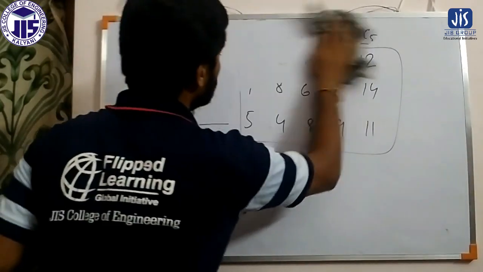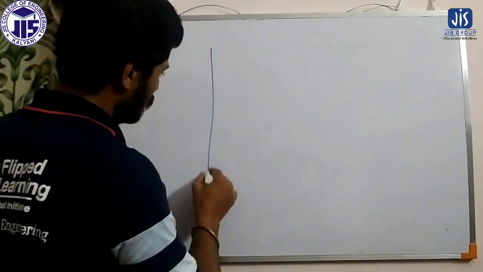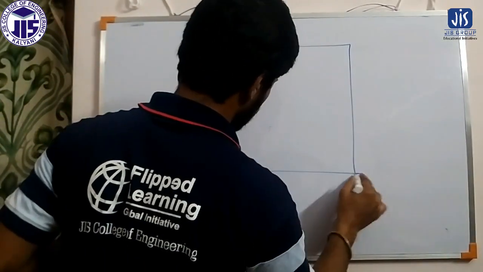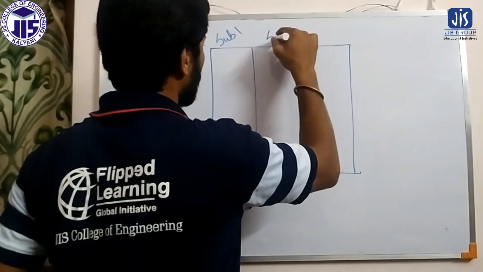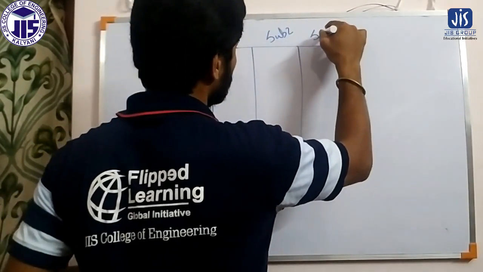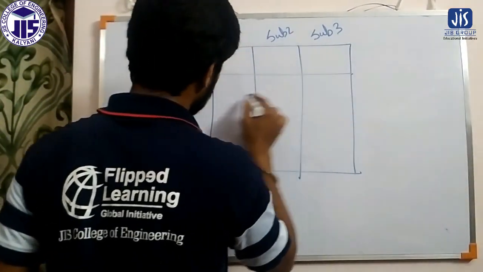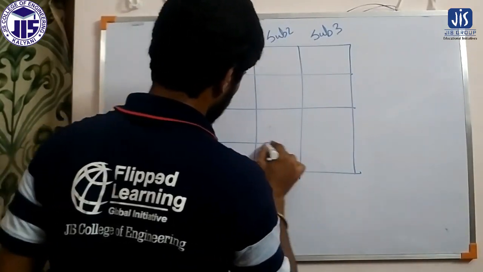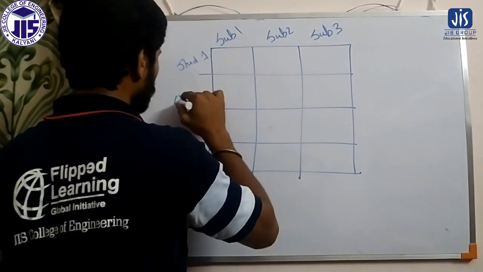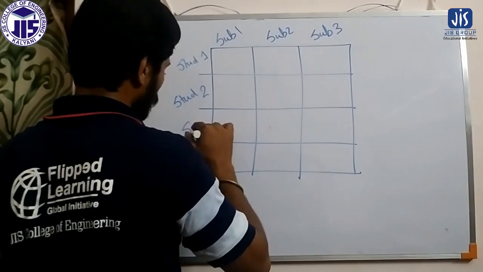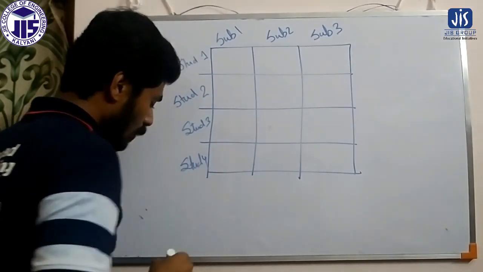Now if I consider an example like this, we have three subjects, for example subject 1, subject 2 and subject 3, and we have 4 students: student 1, student 2, and so on.